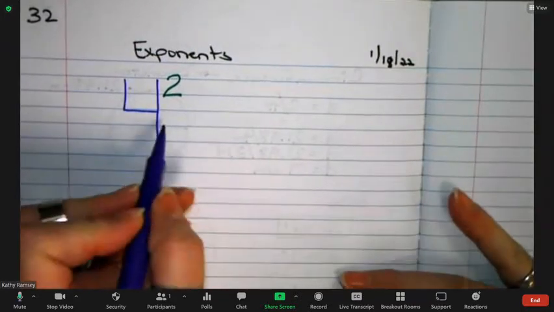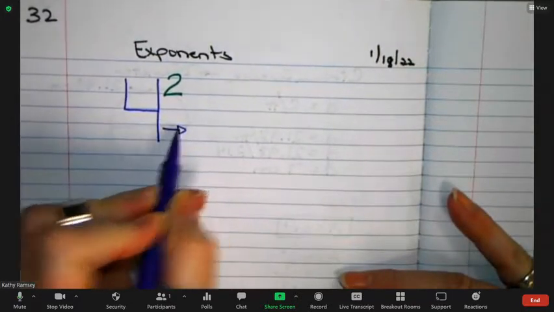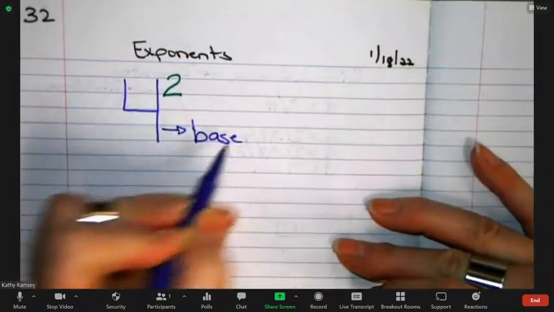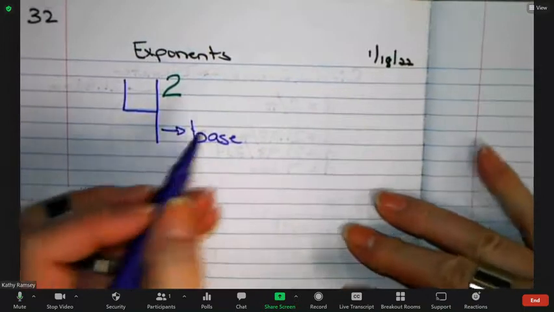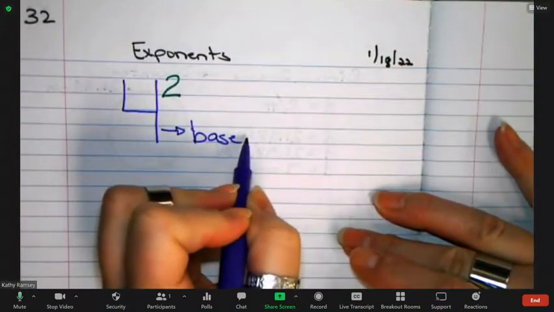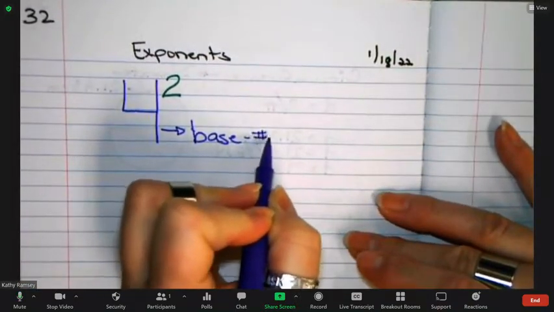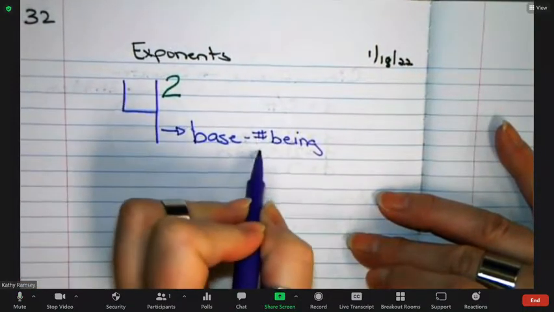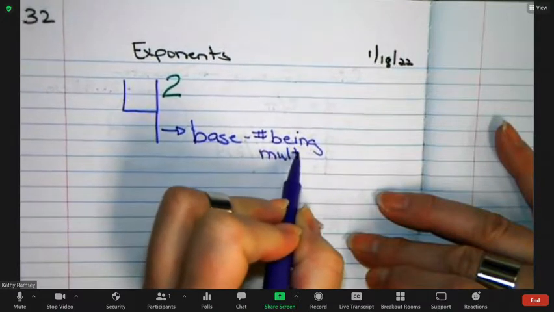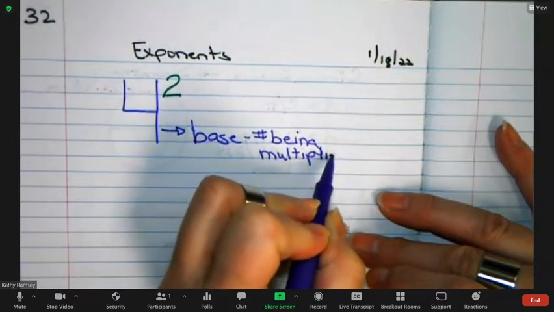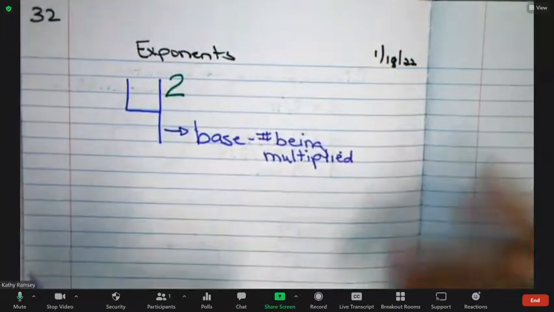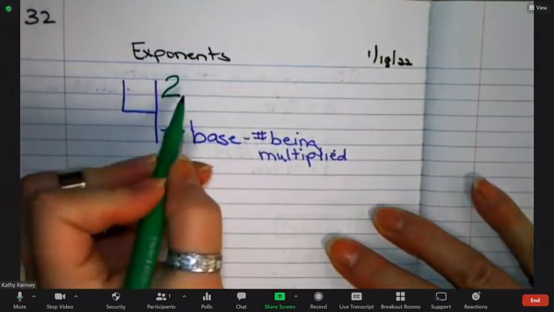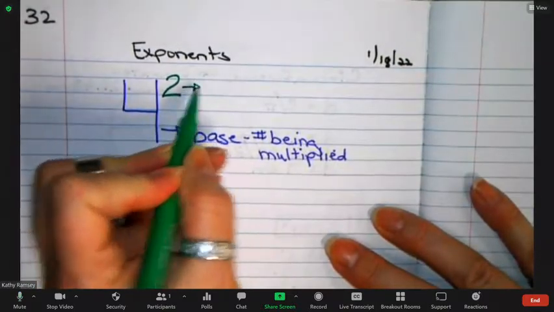Let's give them some names. The big number is the base. And it is all about that base. Base is the number being multiplied. The 2 is the exponent.